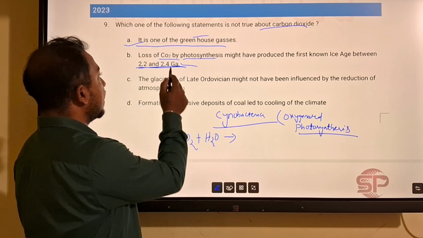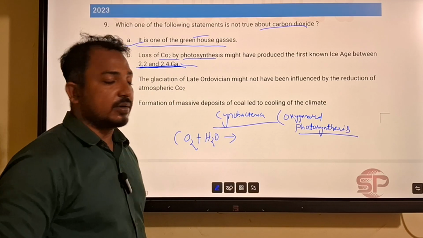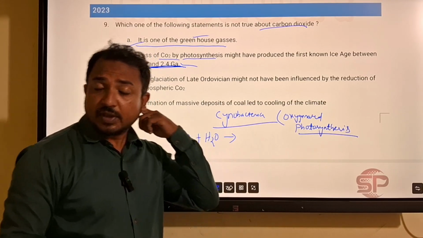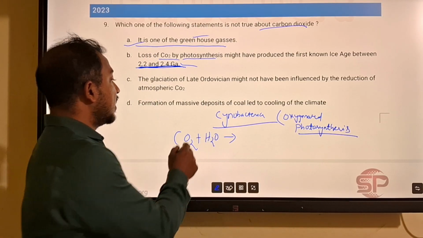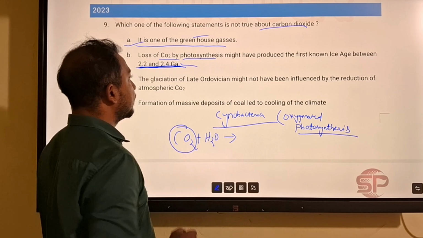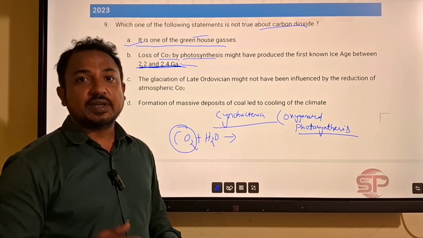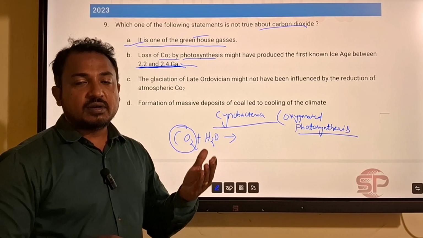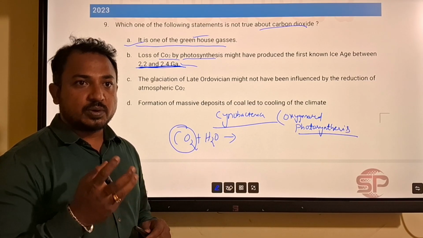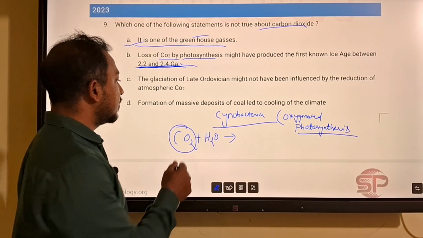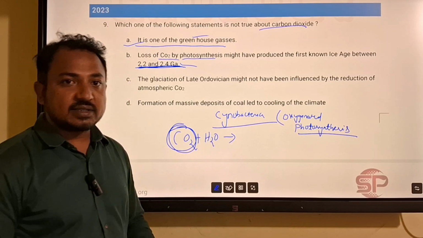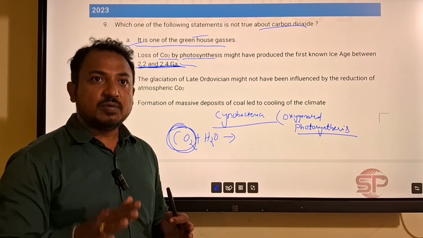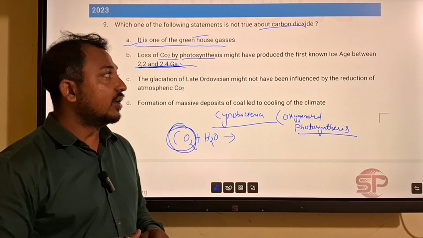So during this time period, because of this photosynthesis by cyanobacteria, most of the carbon dioxide from the atmosphere was depleted. Carbon dioxide present within the atmosphere helps to trap the heat. Because of the decrease in carbon dioxide percentage, the global temperature gradually started to decrease.